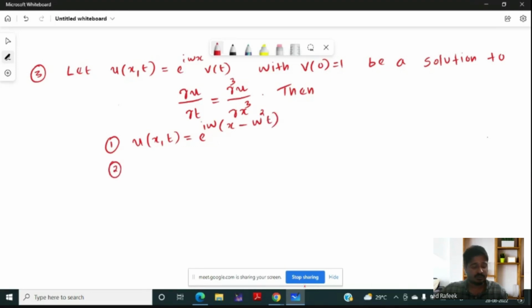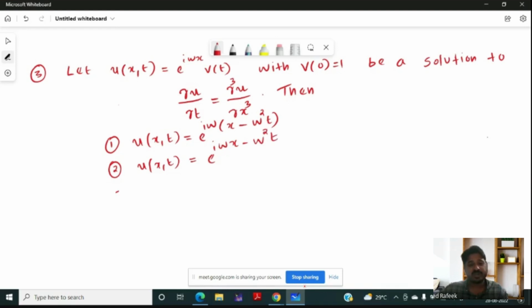Option 2, u of x comma t equal to e raised to i omega x minus omega square t.